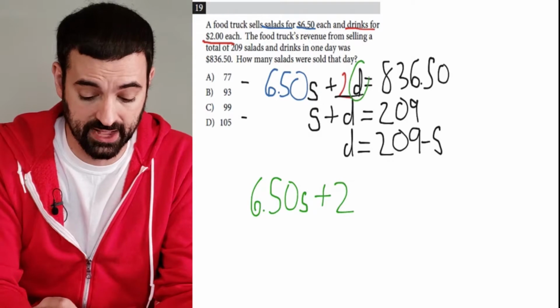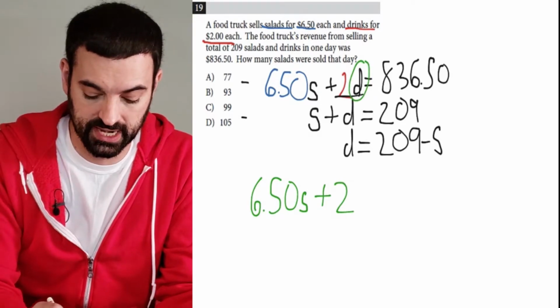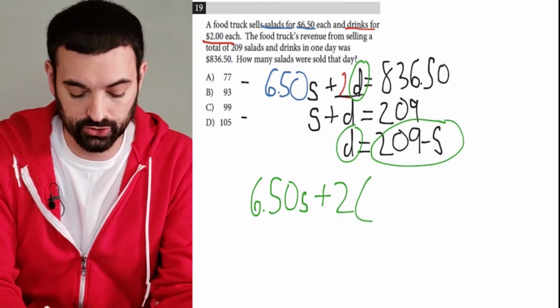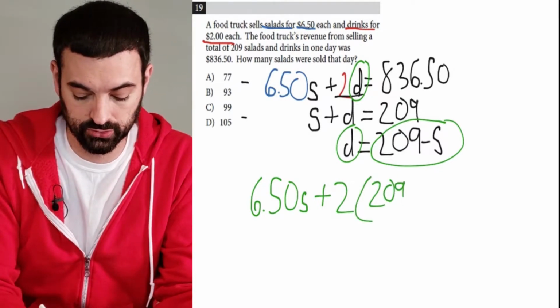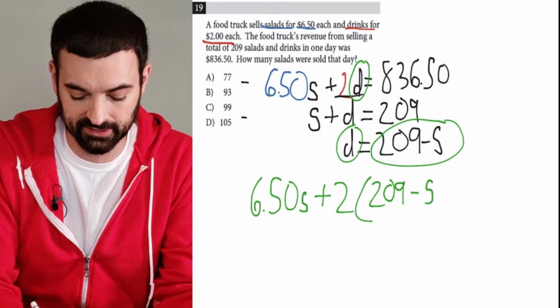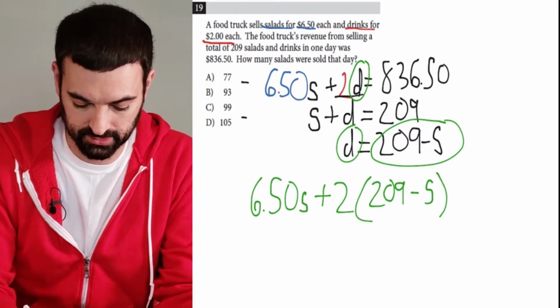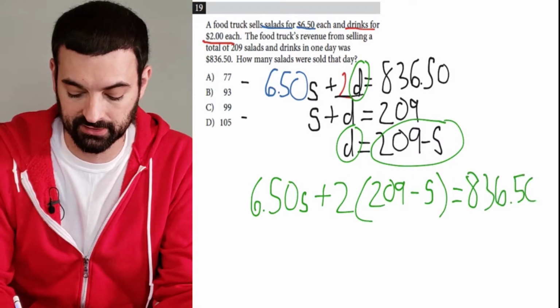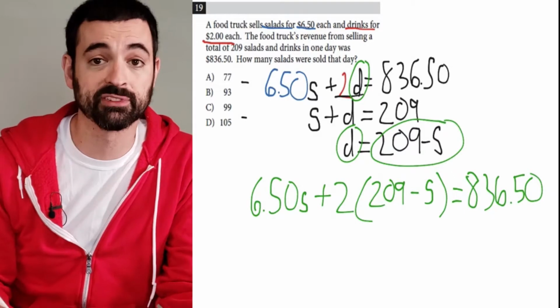And then everywhere that I have D, I'm going to now put 209 minus S. 2 times 209 minus S equals 836.50. And now I'm solving in one variable.